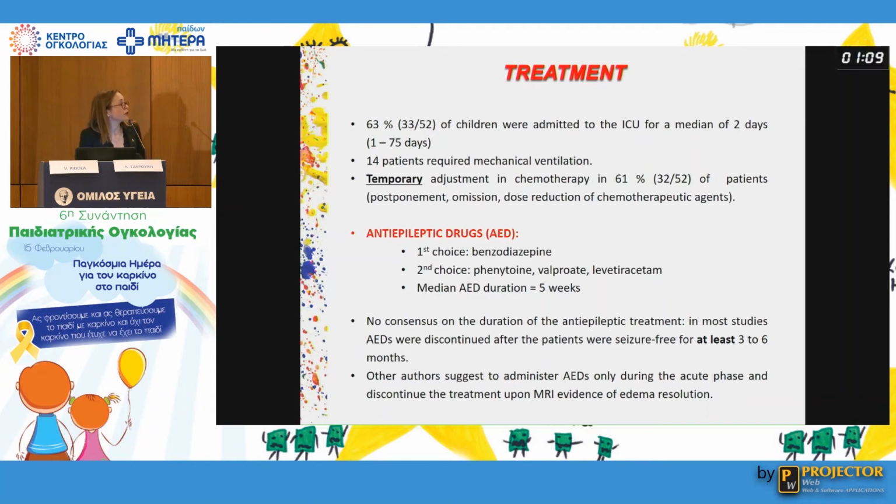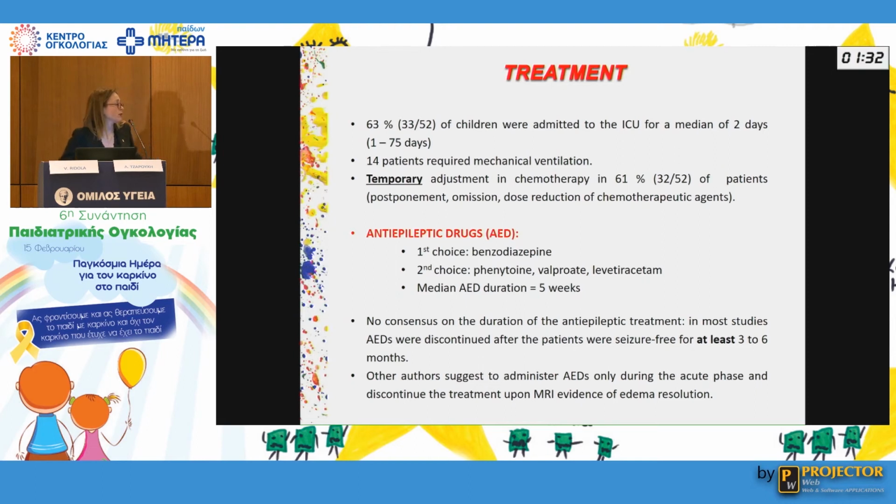The mainstay of the treatment relies on antiepileptic drugs and antihypertensive drugs. Here, the authors say that their first choice for antiepileptic drugs was benzodiazepine, followed by phenytoin, valproate, levetiracetam. Median duration of antiepileptic drugs was 5 weeks.